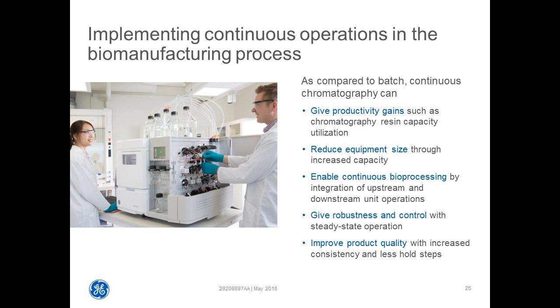This is especially useful when dealing with products that have stability issues, and therefore continuous processing allows for an improvement in product quality and also allows for better robustness and control of the entire process due to the steady state nature of the operation.